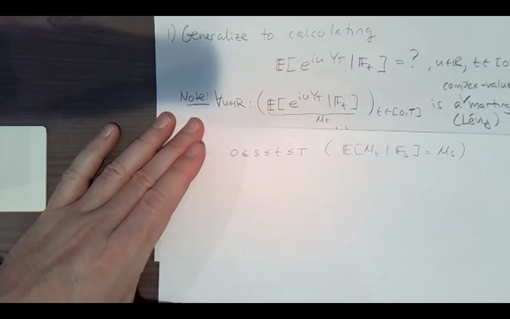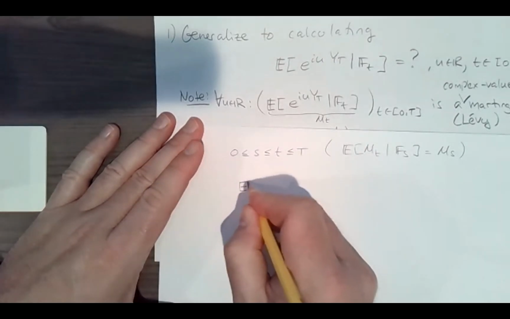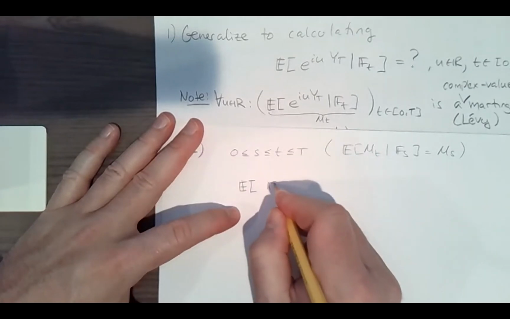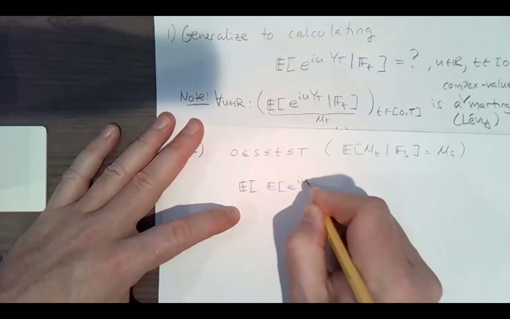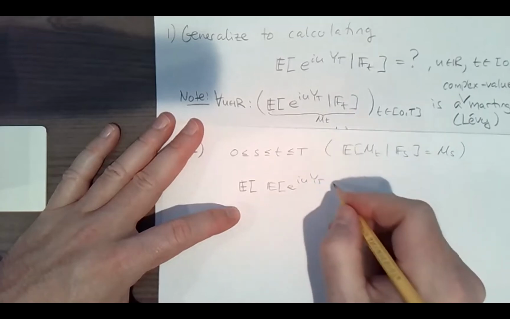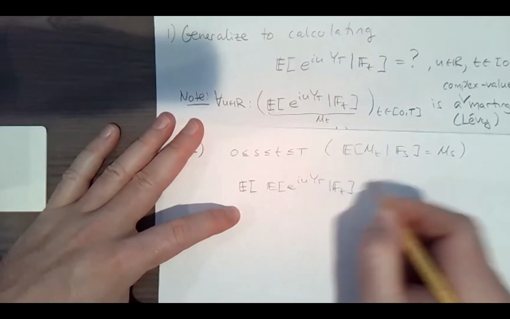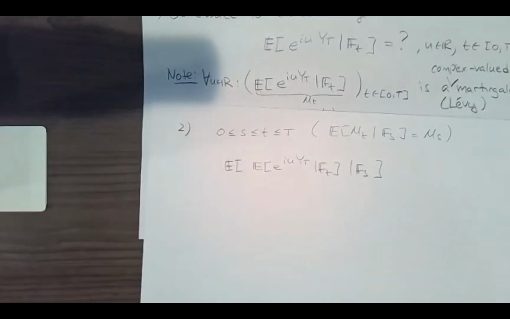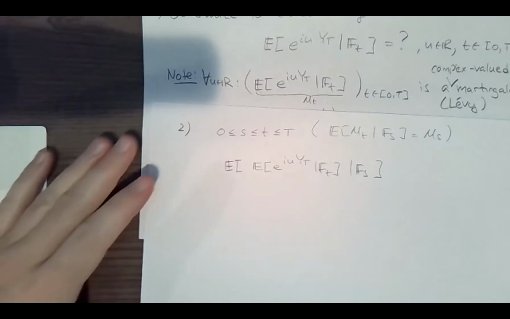This is my M_T. So when I'm looking at the left-hand side, I have the conditional expectation of e^{iuY_T} given F_T, and then conditioned on F_S.